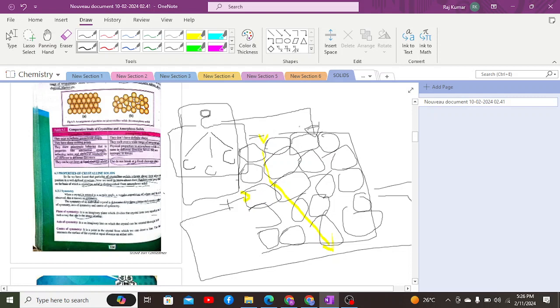But if the battery is connected in the vertical direction, there is a presence of free electrons, and due to the presence of free electrons in the vertical direction, the graphite is able to conduct electricity in this direction. So this is the concept behind why it occurs.